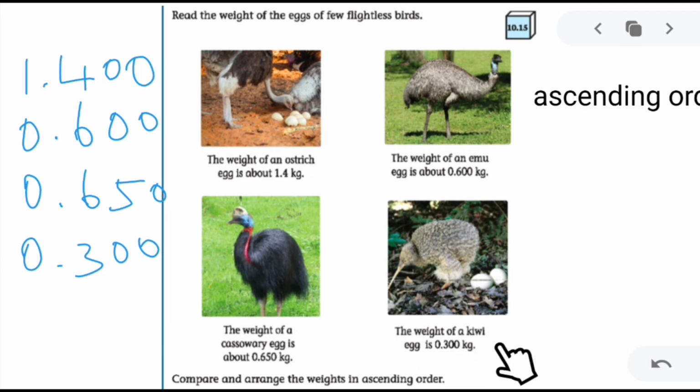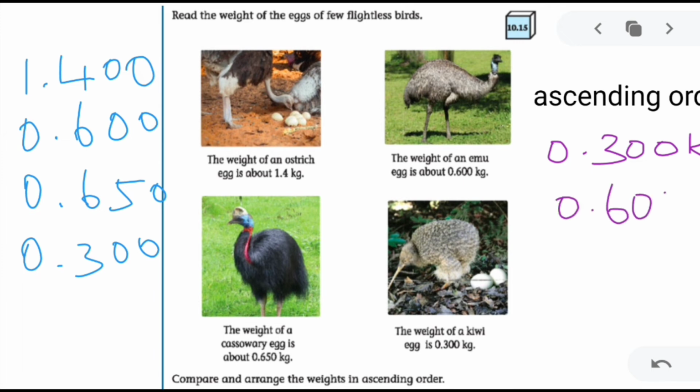kg. Which one is kiwi? So kiwi is 0.300 kg. And what is the next one? Here the tenth place is the same, so next is the hundredth place. 0 and 5. Which one is smaller? 0.600, so 0.600 kg.